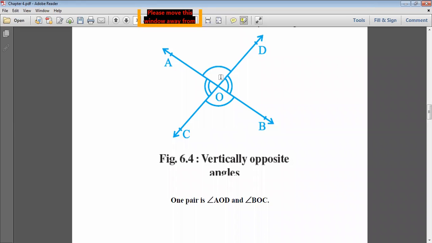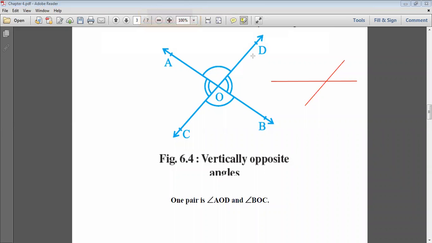Of course, together they are known as straight angles, but we can't mark an angle just by those intersections. See, a line is here, a line is here. Other than these, can you mark any other angle? No. Okay.